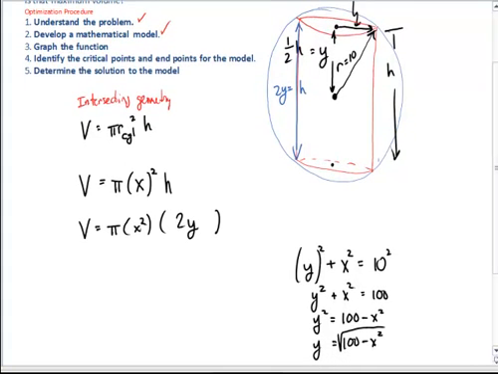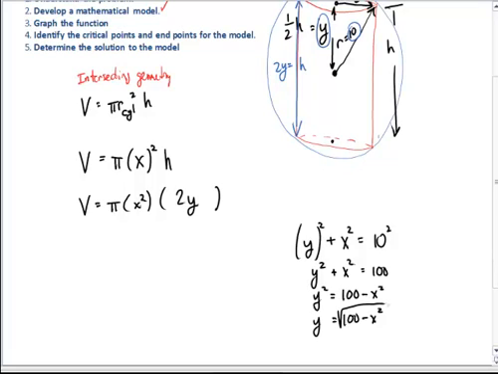I wrote out the Pythagorean theorem, y squared plus x squared equals the radius squared, and solved for y as a function of x. And now I'm going to plug that into my volume equation, which I'm going to try to maximize.